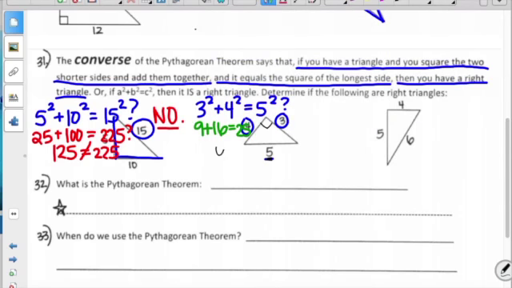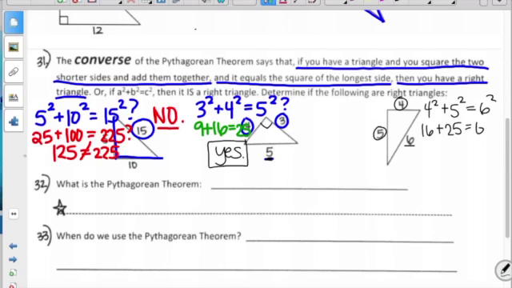Okay, and the last one, the hypotenuse is the longest side, so 6. So we're going to see if our legs 4 squared plus 5 squared equals 6 squared. 4 squared is 16, 5 squared is 25, and 6 squared is 36.